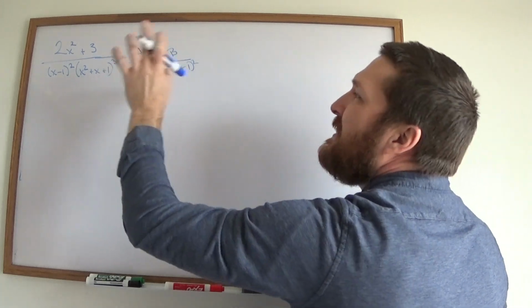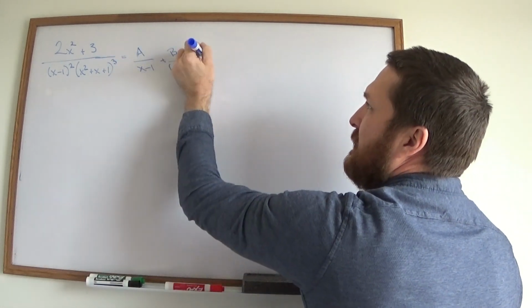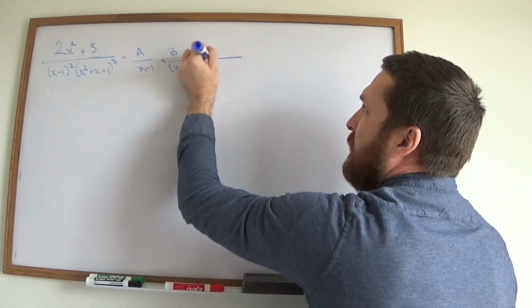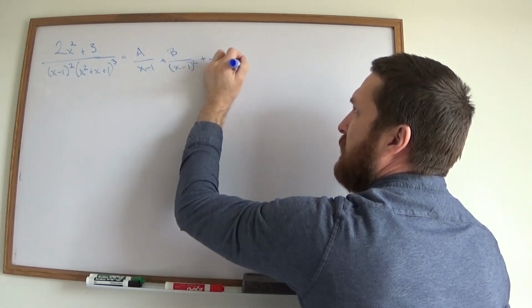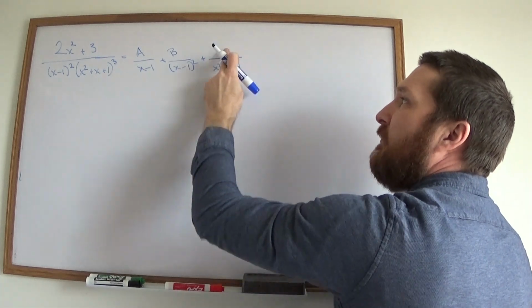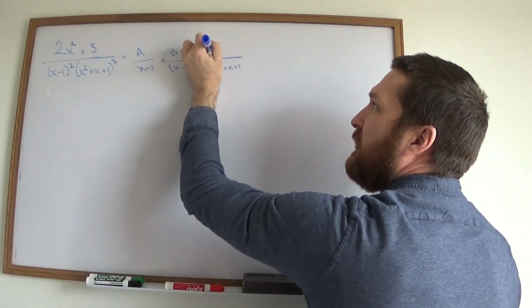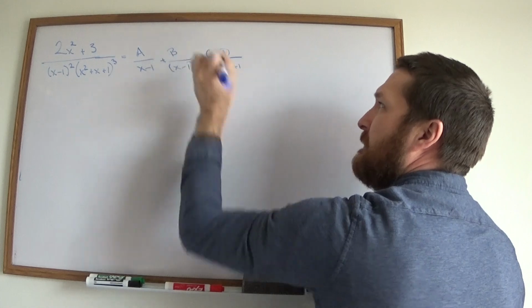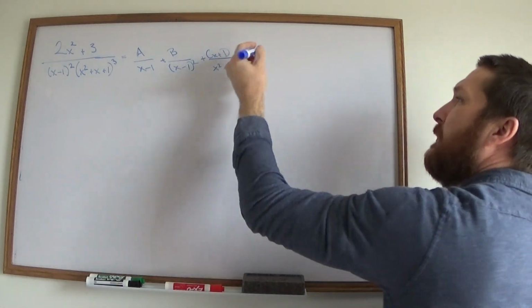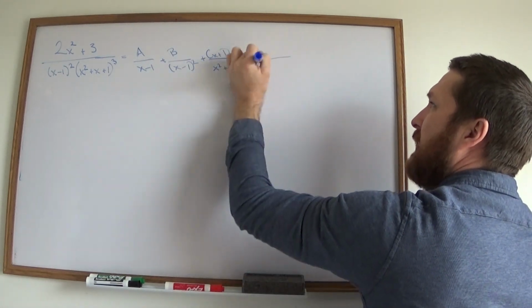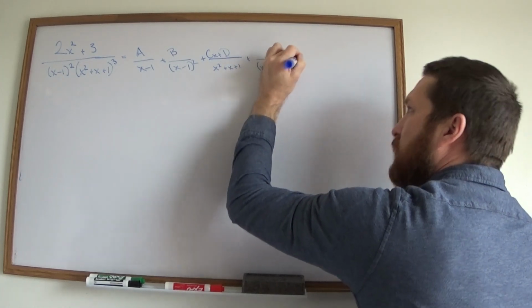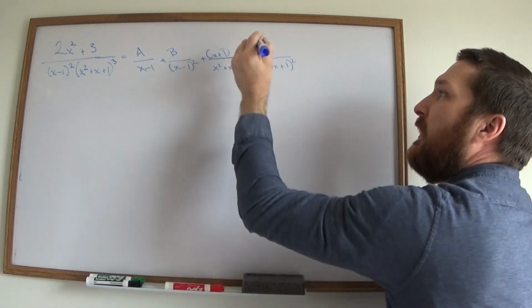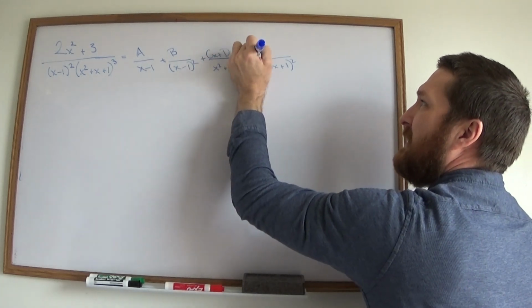Now this guy, same thing. Here you have x squared plus x plus 1 to the first power, and we have 1 degree less, so that would be Cx plus D. Then we bring it up to the next power, x squared plus x plus 1 squared, and now we need a new one. C, D, how about E and F?